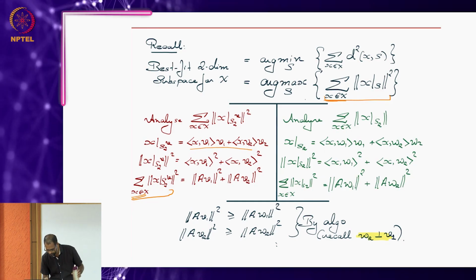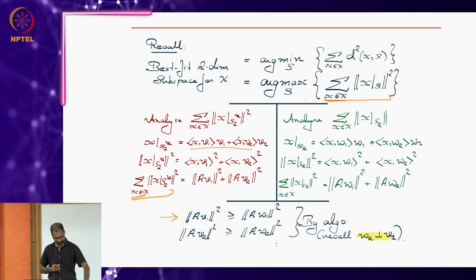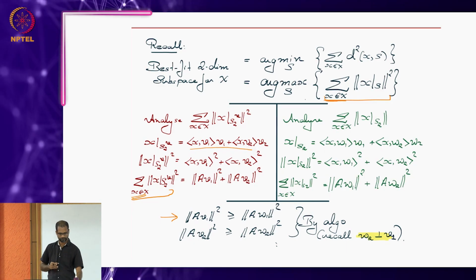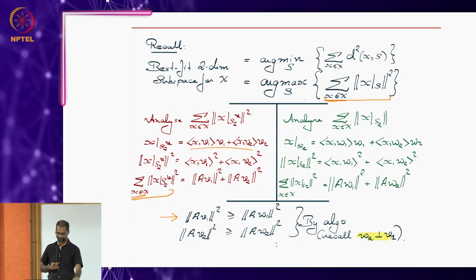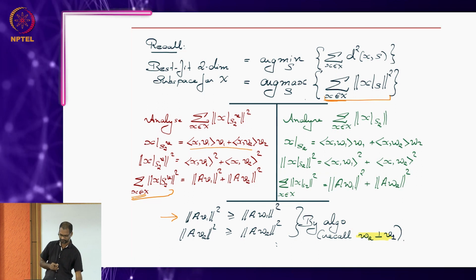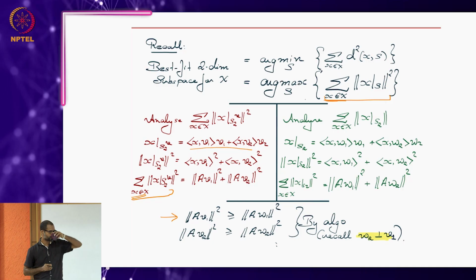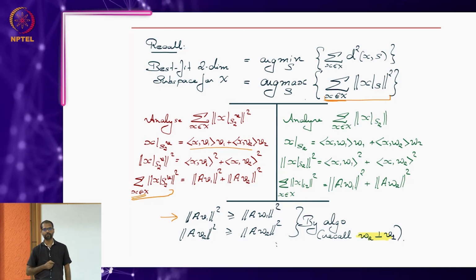Okay. I am asking about this line. Why is this line true? How was V1 chosen? What did you maximize to pick V1?